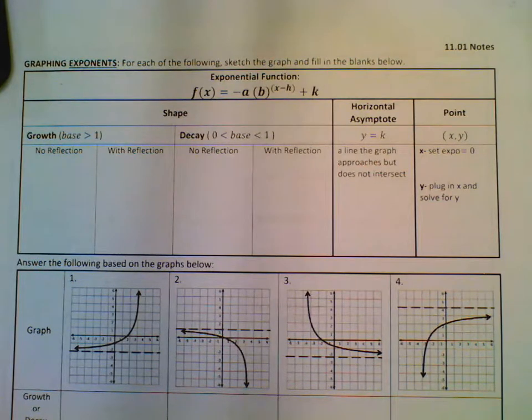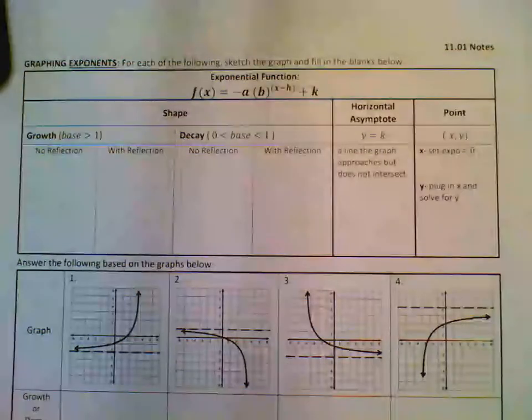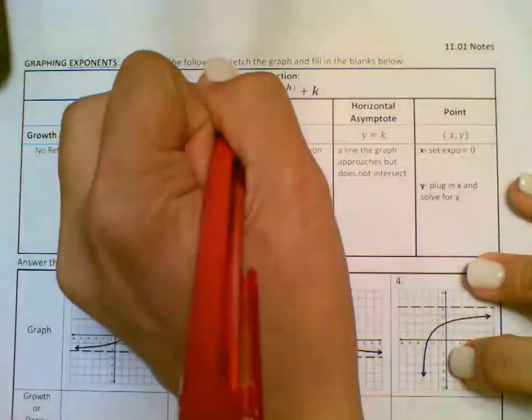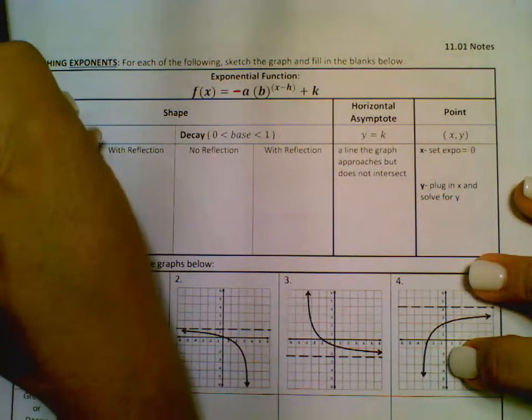So graphing exponents, looking at our exponential equation, we have our A, H, and K, just like we have been doing this semester when we were graphing functions earlier. So our A value here tells us two things. It tells us if it's negative, that it's a reflection.